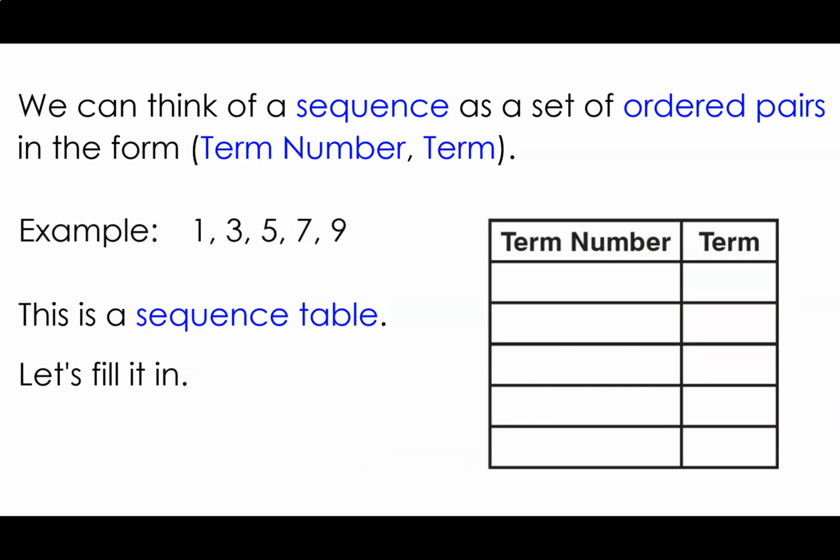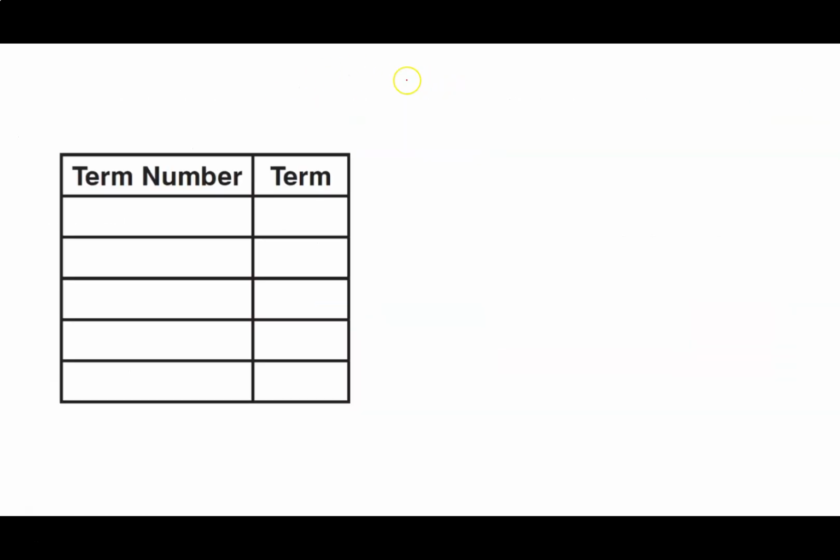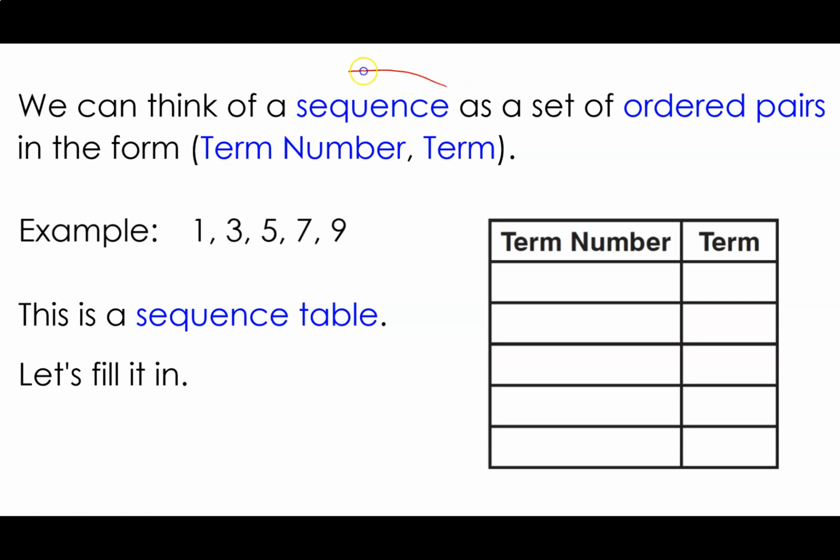In this lesson, we will be looking at sequences of numbers. When I say the word sequence, what do you think of? You may think of a set of numbers in order. And that's exactly what it is. Let's hold off on thinking of this as an ordered pair for a second.